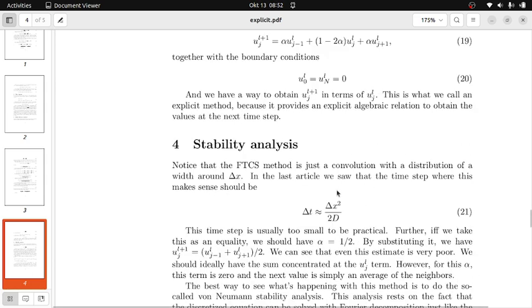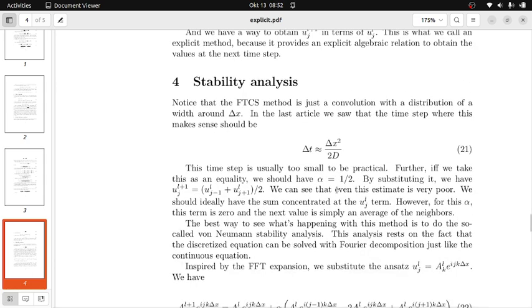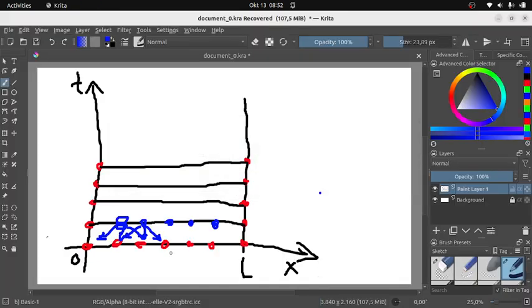Now we'll see that this method has a very annoying problem, which is its stability. Remember when we discussed the Fourier transform, what we're doing is actually approximating a kernel, right?